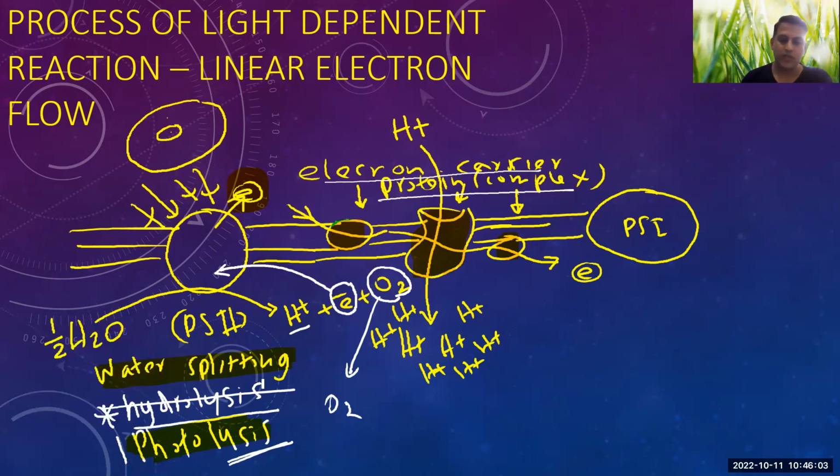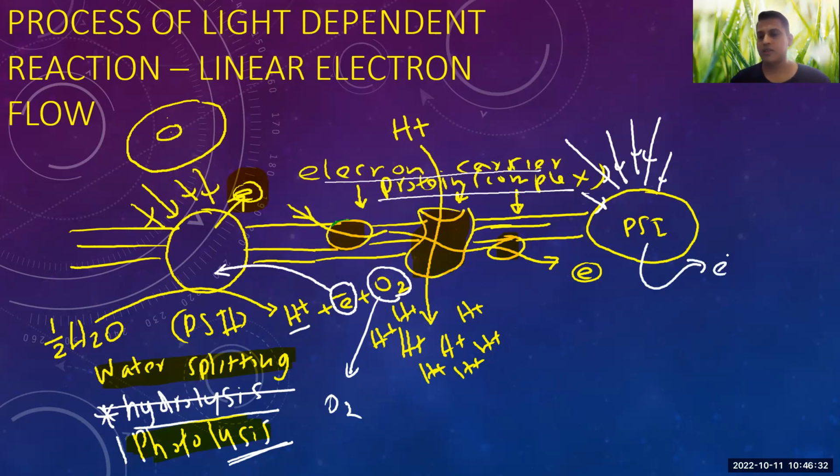Okay, now we'll see what happened to the PS1 complex. The PS1 complex can also absorb light. And the same story is happening: light harvesting complex and the reaction center. Everything is now moving down to the reaction center. In the reaction center, electrons are excited. So electrons are again released from the PS1 complex.